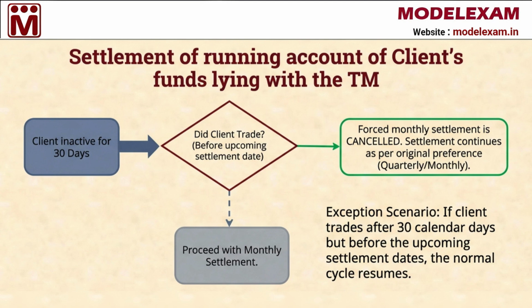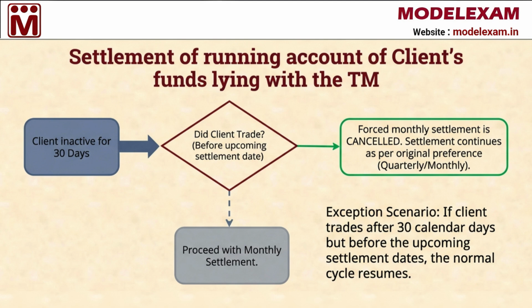Even with that choice on record, if you do not trade for 30 days, your quarterly preference is completely cancelled out by the inactivity rule. The broker must take action and return your funds on the very next upcoming settlement date of the monthly running account settlement cycle. This rule applies no matter what settlement cycle you originally preferred, and it is strictly enforced according to the authority of the stock exchanges.